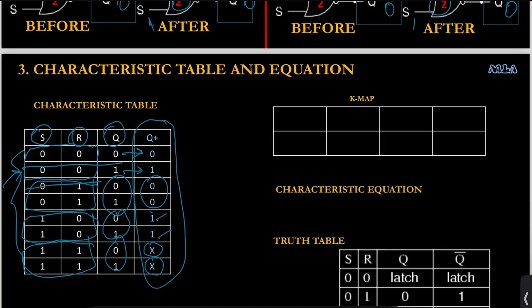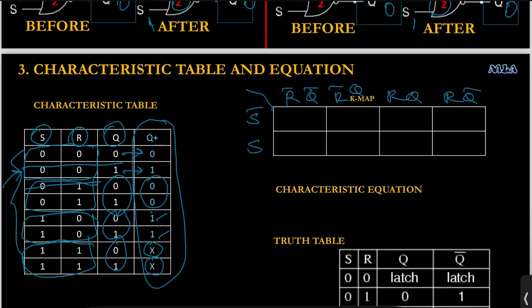Fine. So the characteristic table is written by listing the input variables S, R, Q and the output Q plus. Okay, fine. So let's try to derive a characteristic equation from this characteristic table. To do that, we require a K-map. So here's a K-map, and we need to draw this 8-cell K-map, and the 8 cells correspond to the 8 combinations. So we will label the rows with the variable S. First row S bar, second S, and the columns R bar Q bar, R bar Q, R Q, R Q bar.